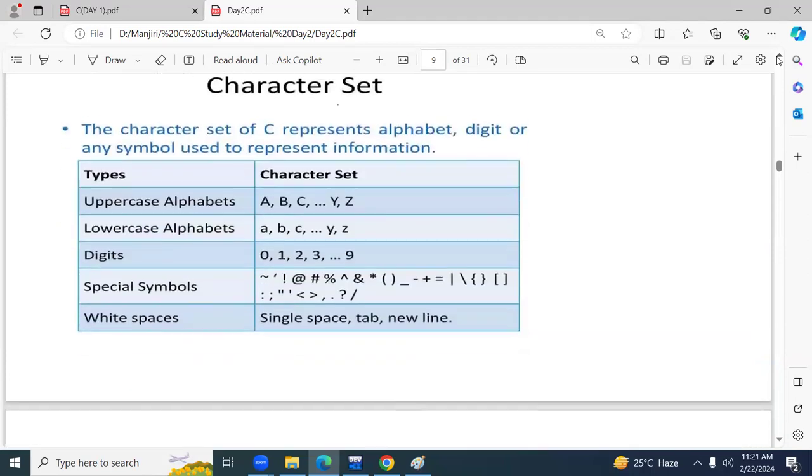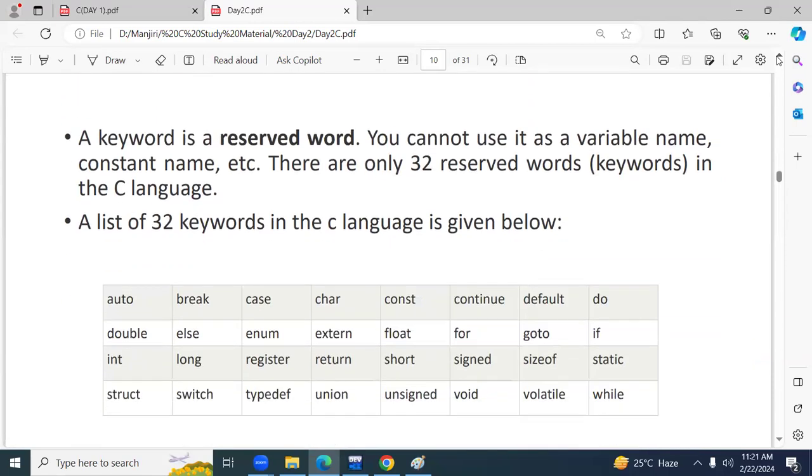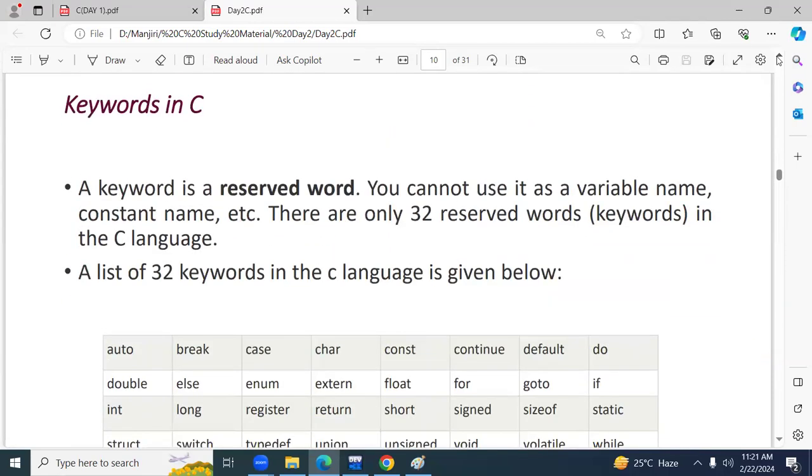Okay, so I'm moving towards the next topic. Whenever you are dealing with any language, there are already built-in words inside the dictionary. Every language has its own dictionary. Agree, everybody? Whatever words are written in the dictionary have a precise, proper meaning.